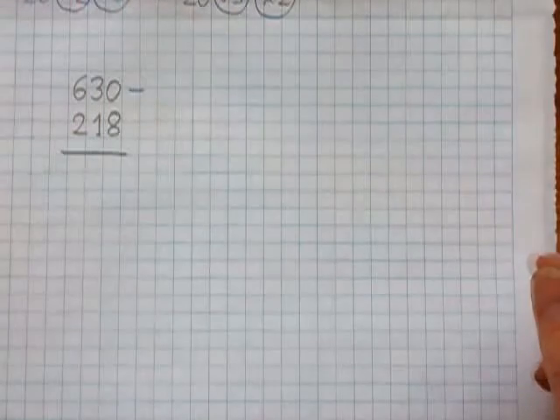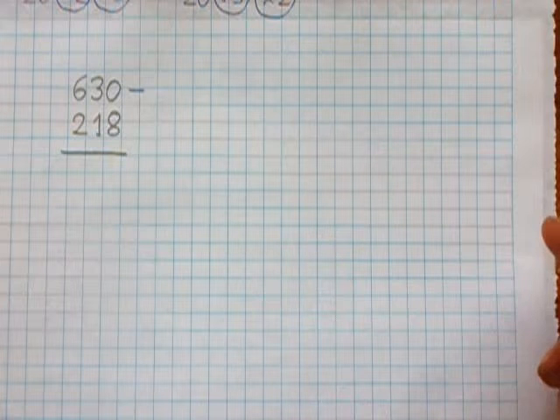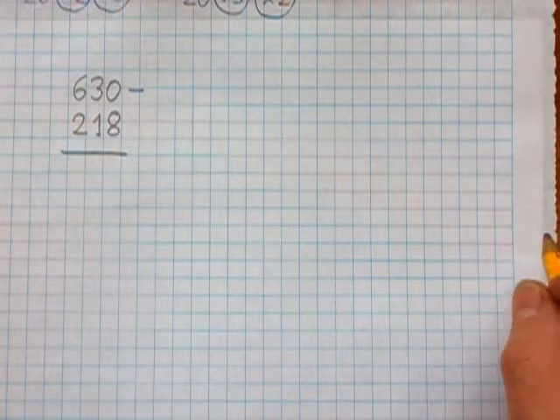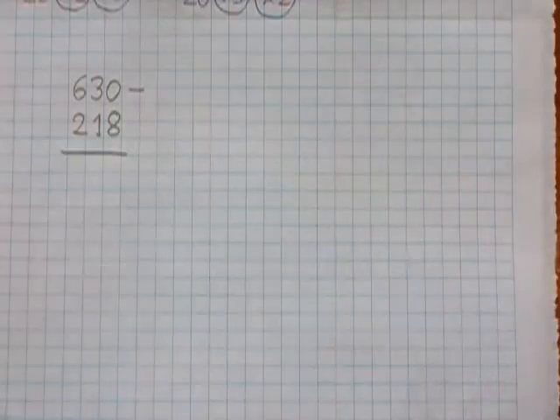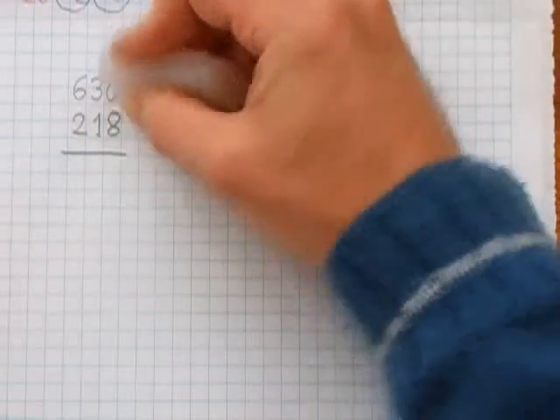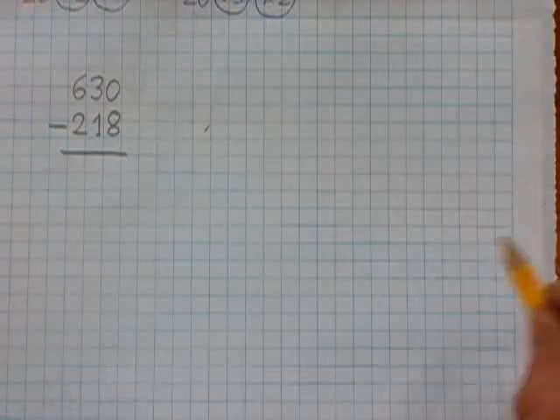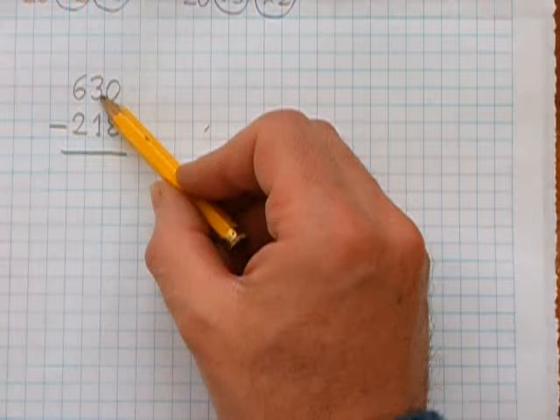This is wrong. It may look like an unimportant detail, but because of this detail, many students will never understand the laws of signs. The number we subtract is 218, so this is the number which should have the negative sign. The 630 are what we have, so this is a positive number, and students get confused when they see this positive number associated with a negative sign.